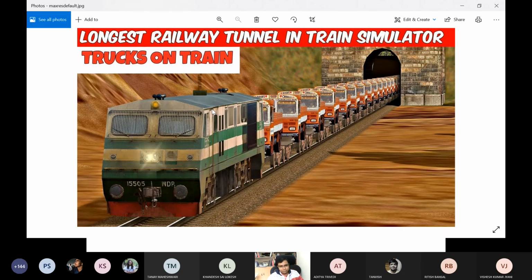So what I am showing is a train carrying a lot of trucks. Graph embedding also looks like a similar kind of thing. Just like tunneling, you have some way, and you want to take something else on that way.